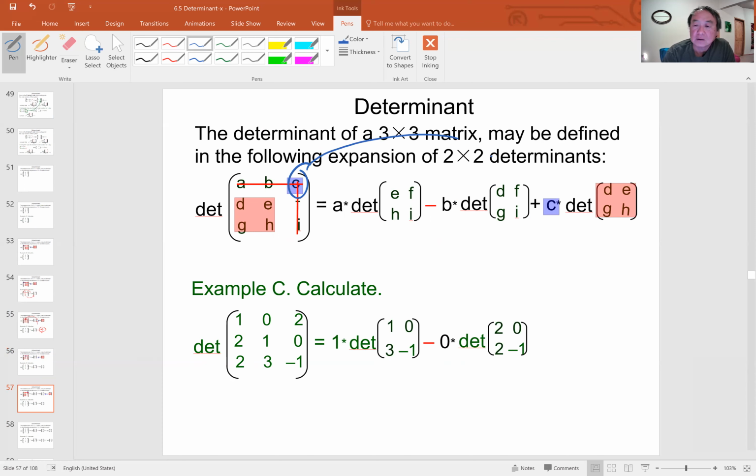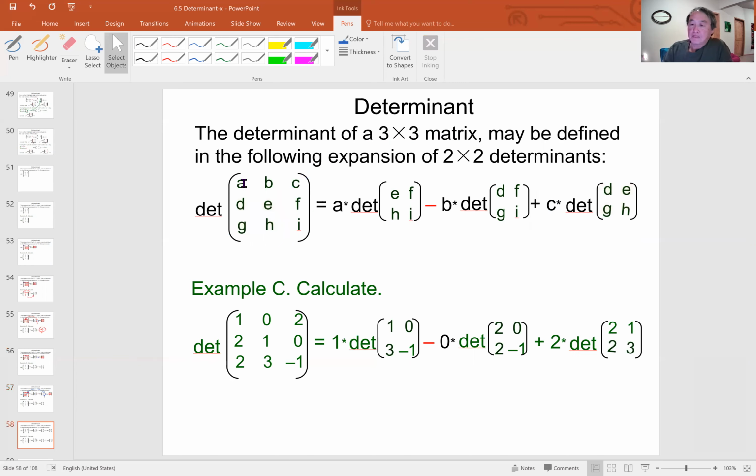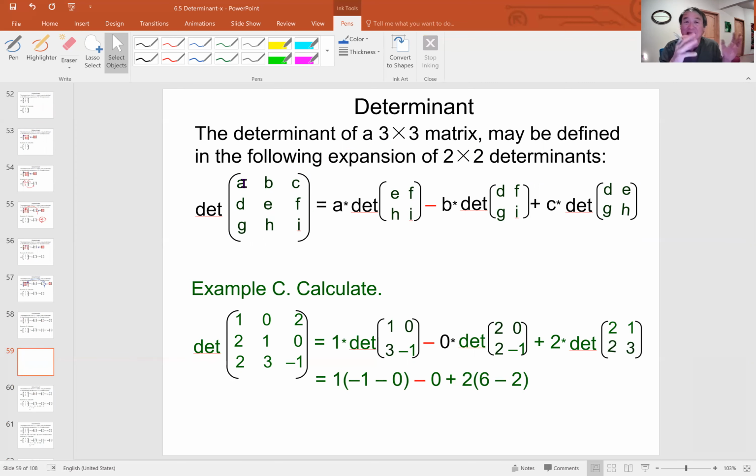Okay. Then the third term is going to be extract the numbers here. And again, the signs now switch back, and we multiply C, the entry, times the determinant of the submatrix to the left corners. Okay. And then we can calculate the 2 by 2 determinants and then finally collect the arithmetic.